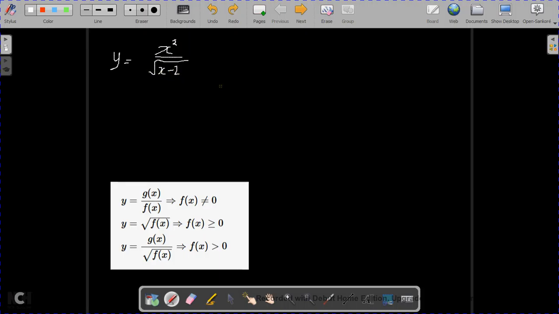First one is f of x, which is x take 2. So x take 2 has to be greater than or equal to 0. So x has to be greater than 2.